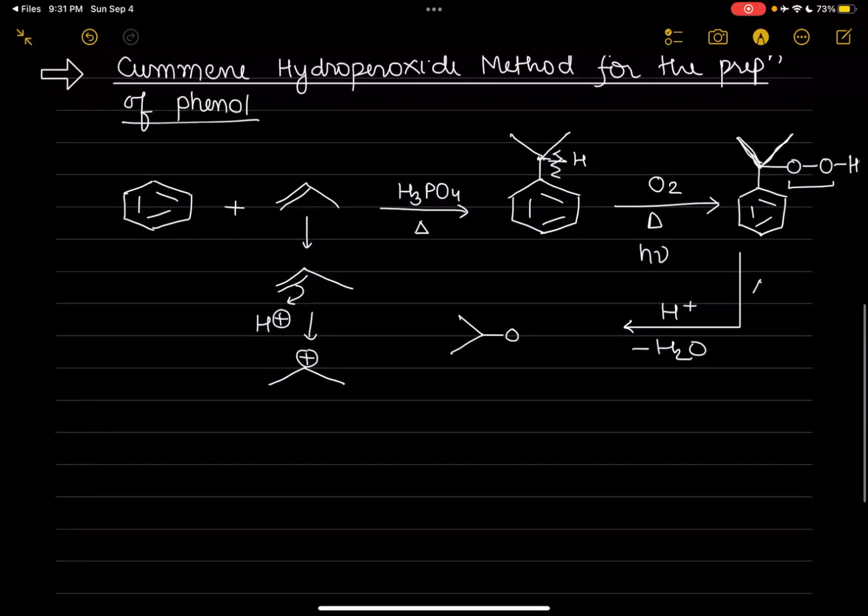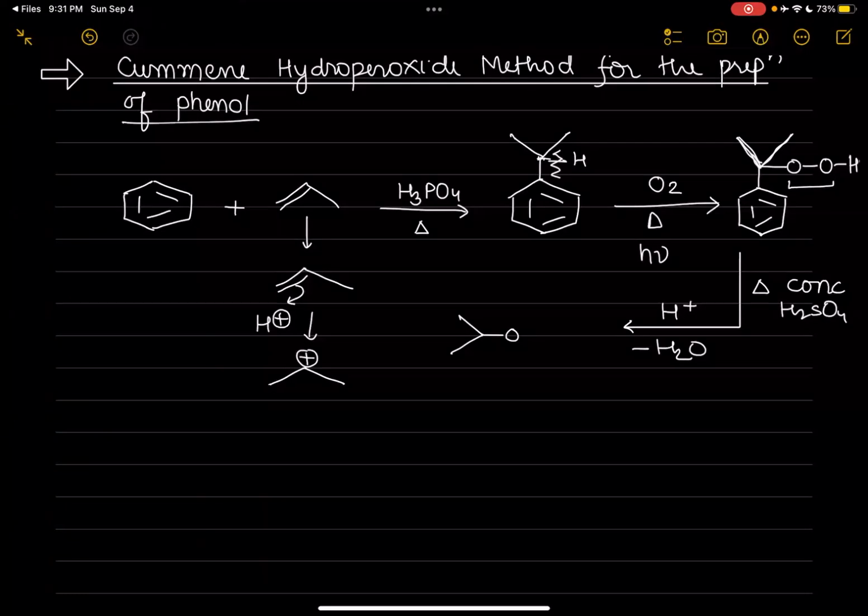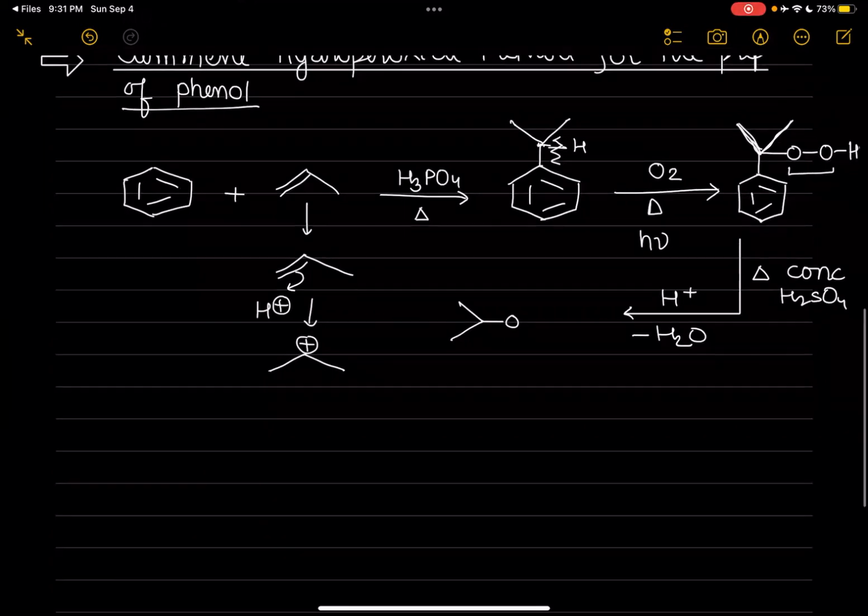You actually heat it with concentrated H2SO4. You heat it with concentrated H2SO4, and because you heat it with concentrated H2SO4, the water will get removed. Okay, this OH will get removed. Okay, this one, and the phenyl will get connected to oxygen.